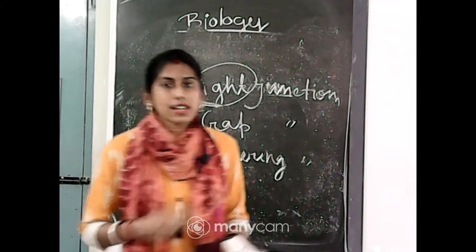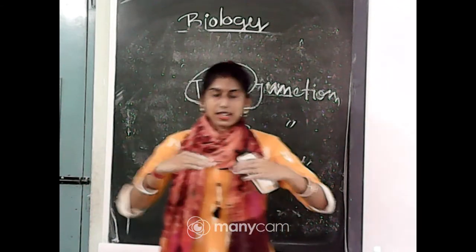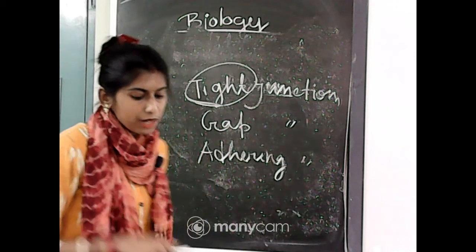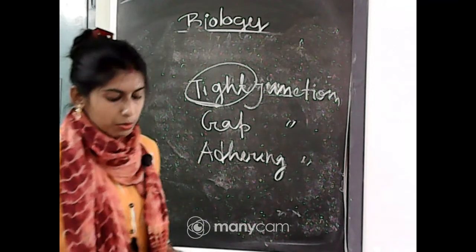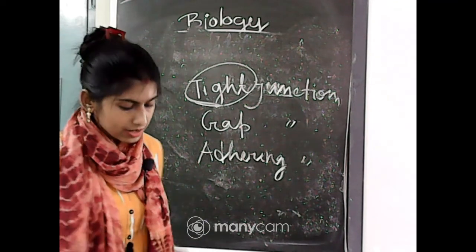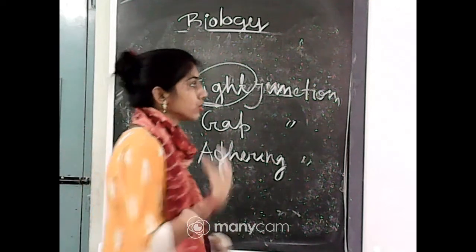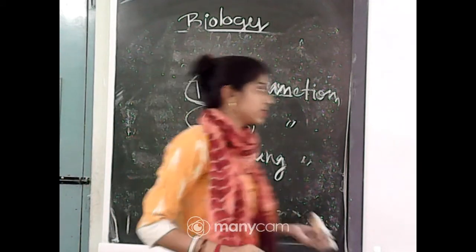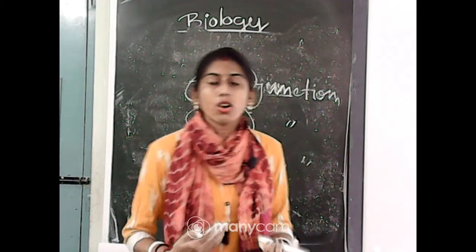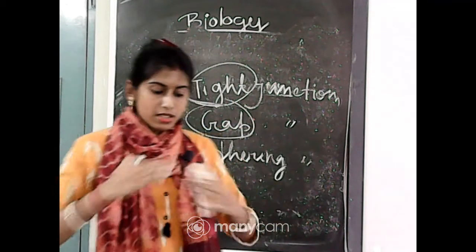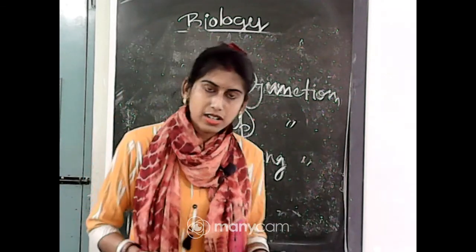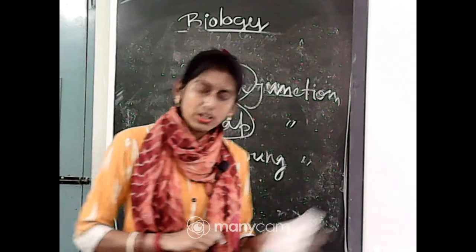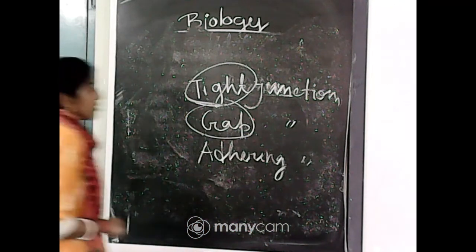Gap junctions communicate by connecting the cytoplasm of adjoining cells for rapid transfer of small ions and molecules. With the help of this junction, small molecules and some ions can pass between the cytoplasm of adjacent cells. So these are the main junctions found in epithelial tissue.